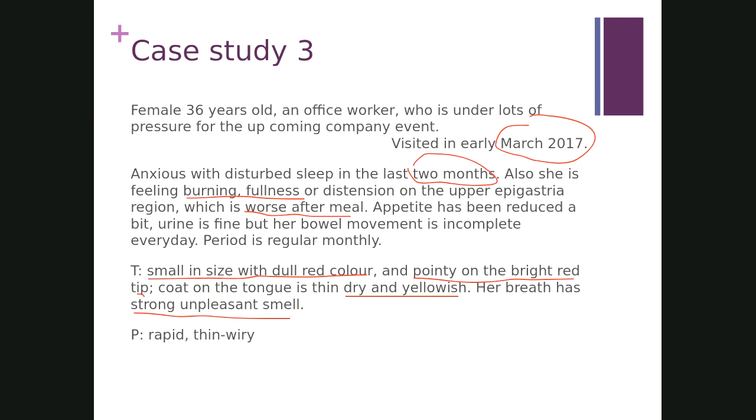It's typical heat glomus. It's a mix of excess with deficiency: the heat is excessive, and the deficiency is what? The spleen is deficient. So there is excessive heat in the stomach and deficiency in the spleen.